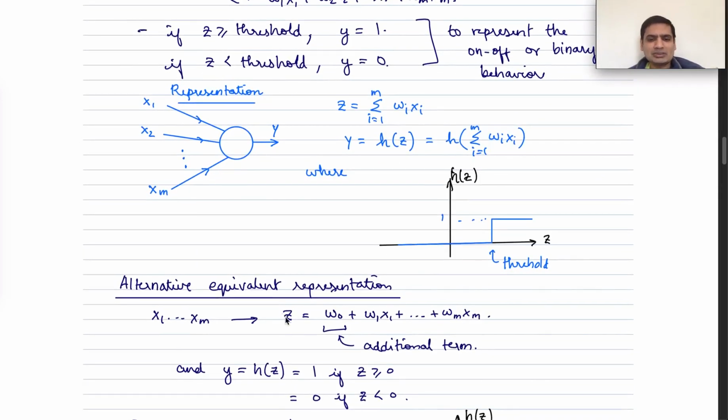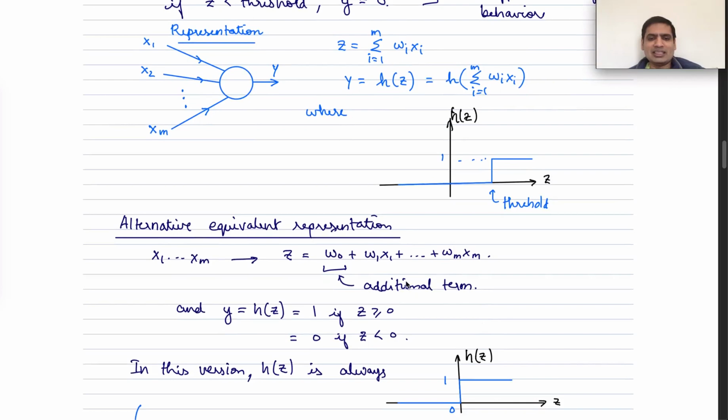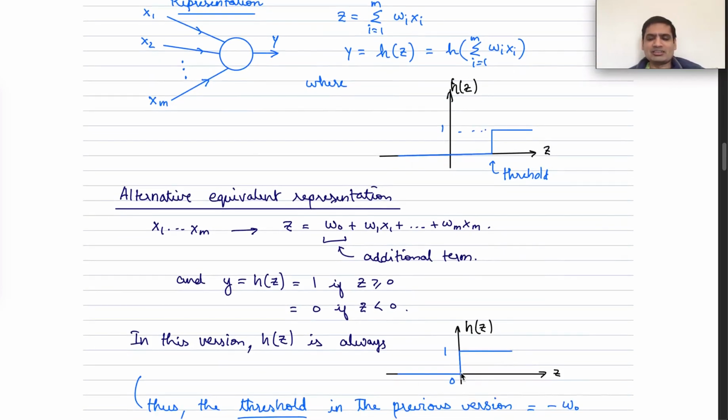So we say z equals w naught plus w1 x1 and so on, and then h is defined with 0 as a threshold. So h of z is 0 if z is less than 0, and 1 if z is greater than 0. So y equals h of z is defined in this manner.